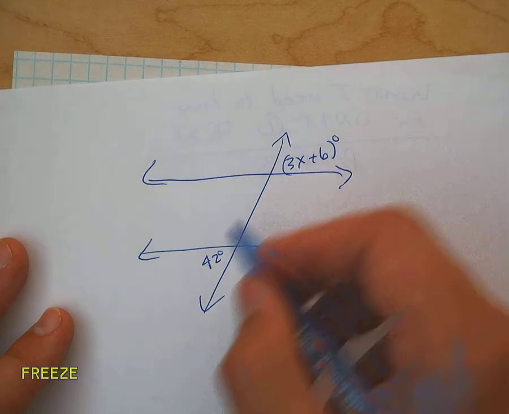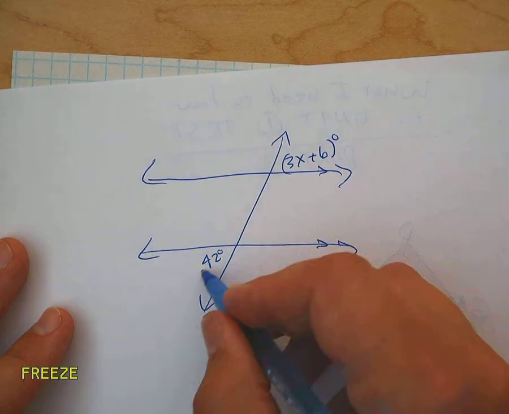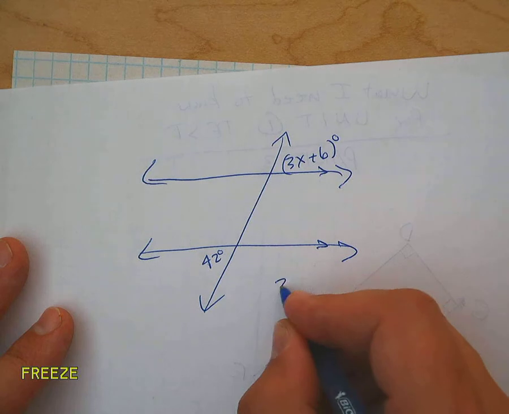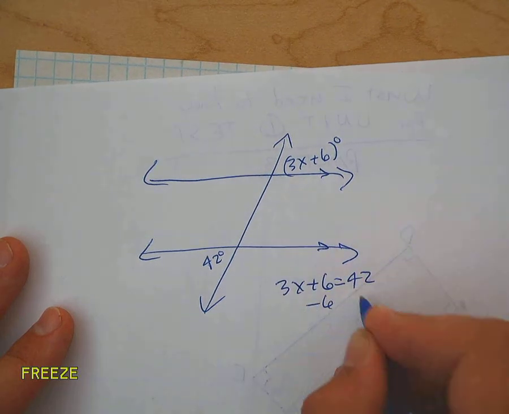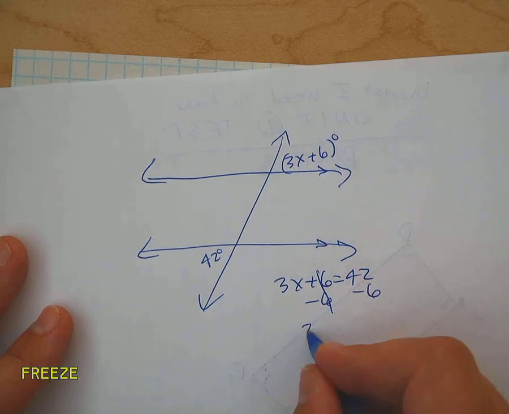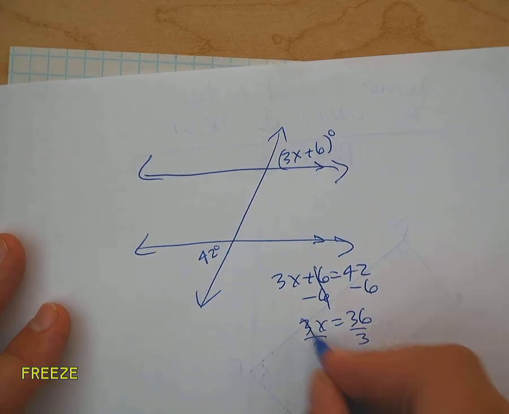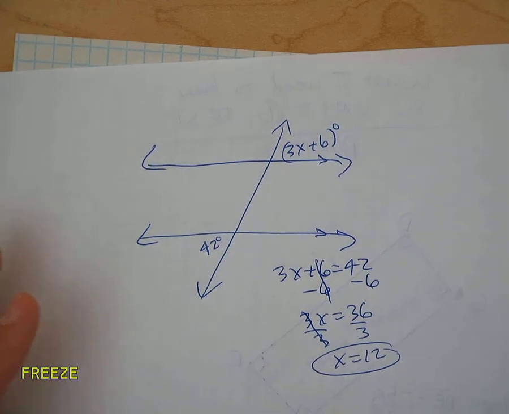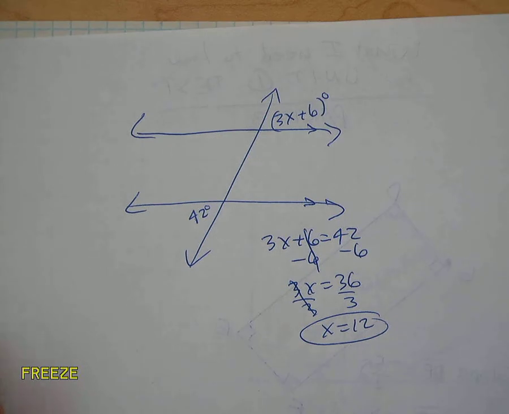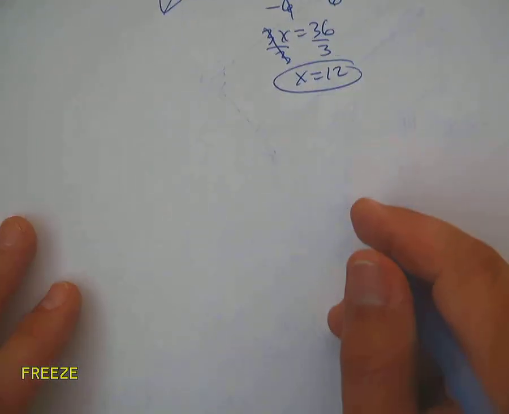Since these are alternate, if these lines are parallel, alternate exterior angles are equal. So I take 3x plus 6 equals 42. Subtract 6 from each side. I'm left with 3x equals 36. Divide by 3. x equals 12. Good.